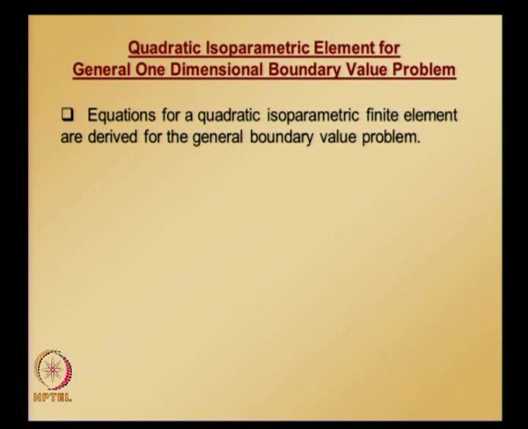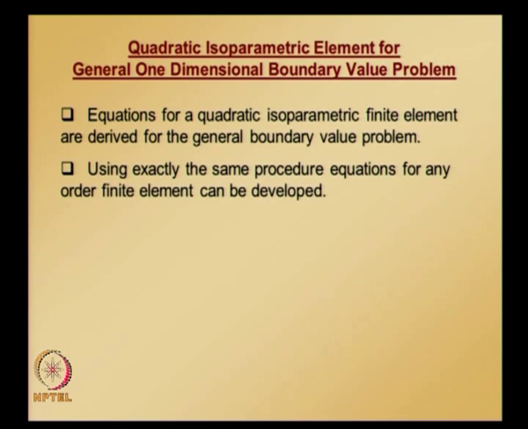So, equations for a quadratic isoparametric finite element are derived for a general boundary value problem using exactly the same procedure. Equations for any higher order finite element can be developed.